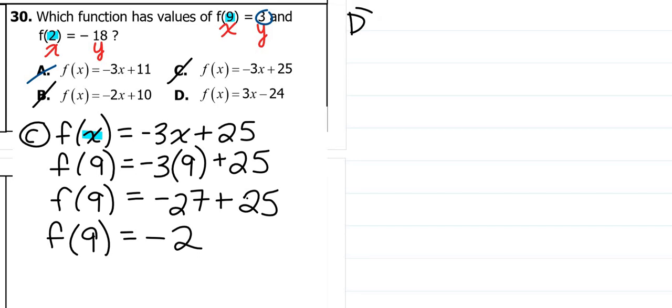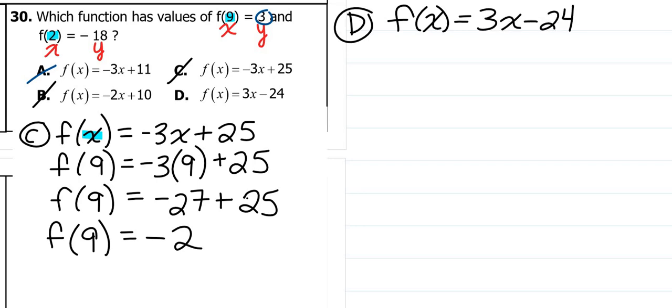Choice D. F of x equals 3x minus 24. We're plugging in 9 to see if we get 3. F of 9 equals 3 times 9 minus 24.